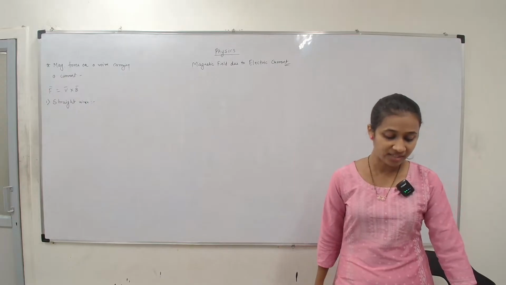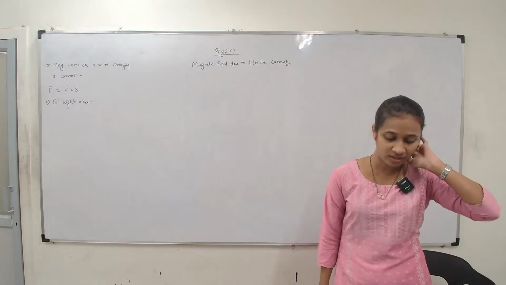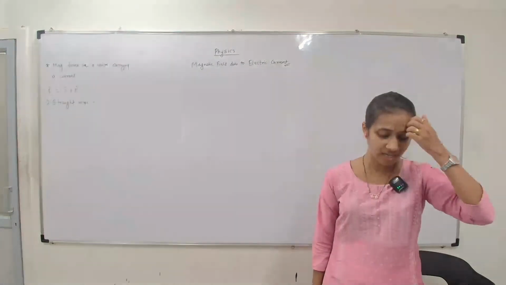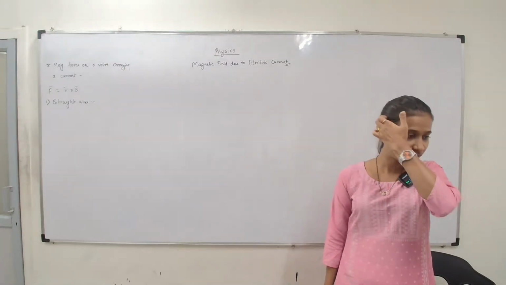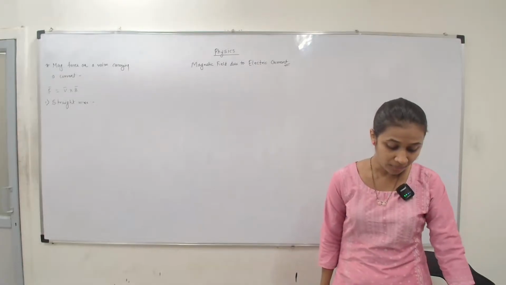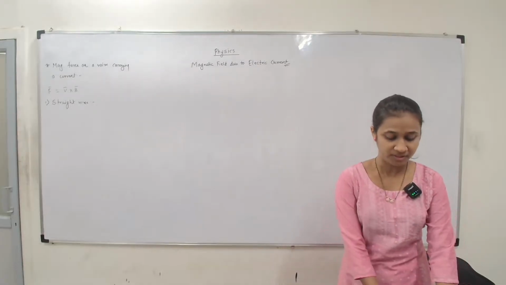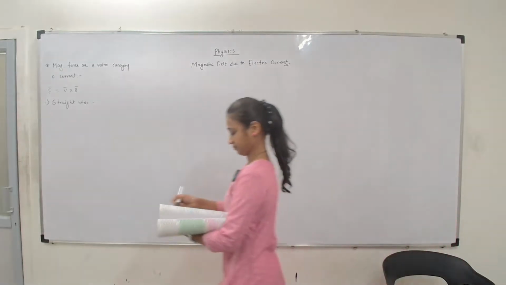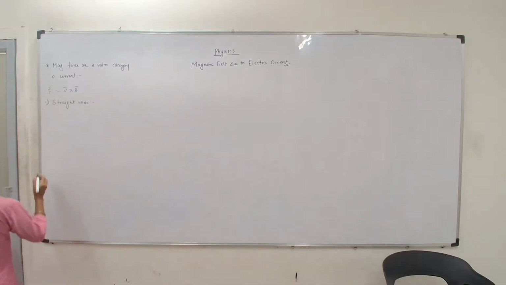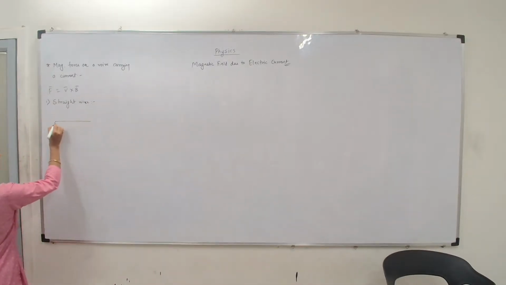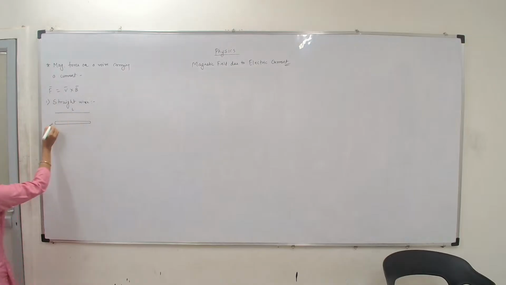So if Vd is drift velocity of the charges in the part of length capital L. This is the wire of length capital L. Current I is flowing in this direction. Field is coming out of the plane of the paper.